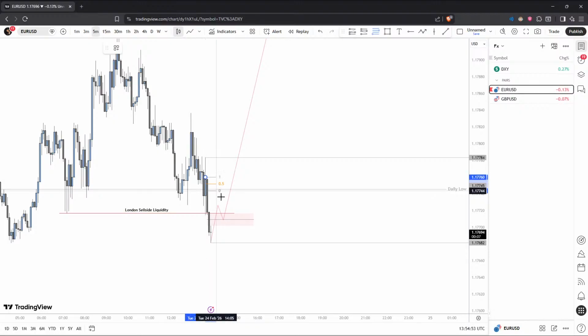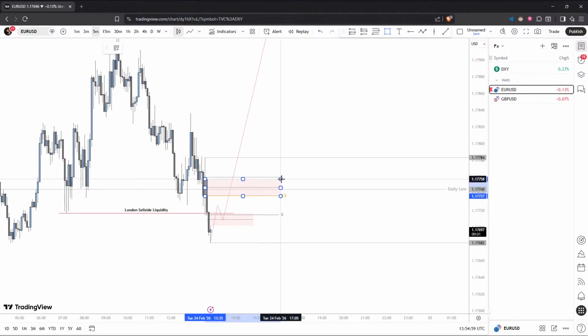Another thing we have to be careful of is the order block, this area here, because it's the upper echelon of the displacement. So this entry point is not the strongest, but it is aggressive, put it like that.